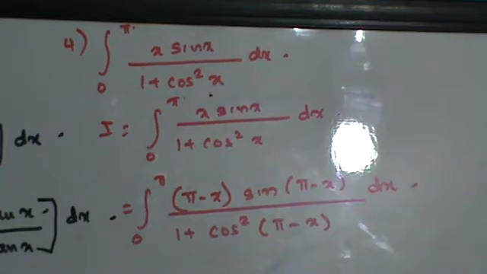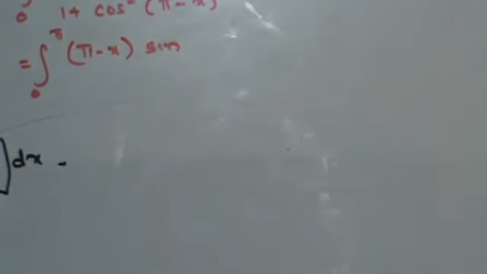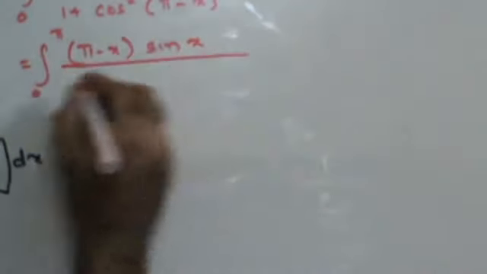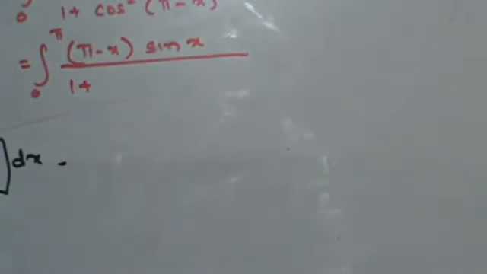Now this can be written as integral of 0 to pi of pi minus x, sin 180 minus theta. Sin 180 minus theta is in the second quadrant. In the second quadrant the sine ratio is positive. Since it is pi, the trigo ratio remains as it is, so this will be sin x, upon 1 plus cos 180 minus theta.